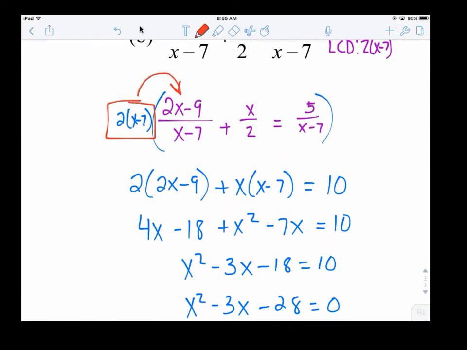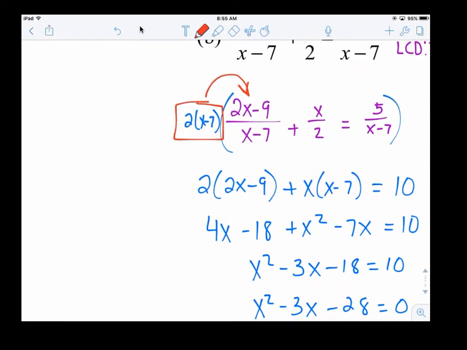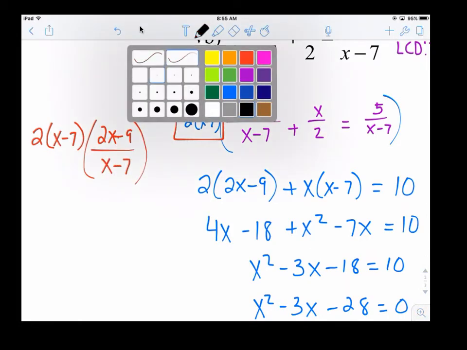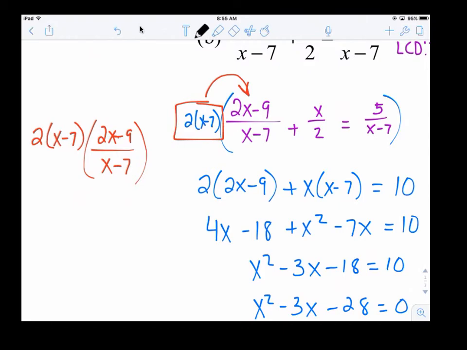So I have 2 times x minus 7 times 2x minus 9 over x minus 7. Right, now what do they have in common? Right, so they cross out, and now you're just left with 2 times 2x minus 9, which is what we have there. And then you would do the same thing again.